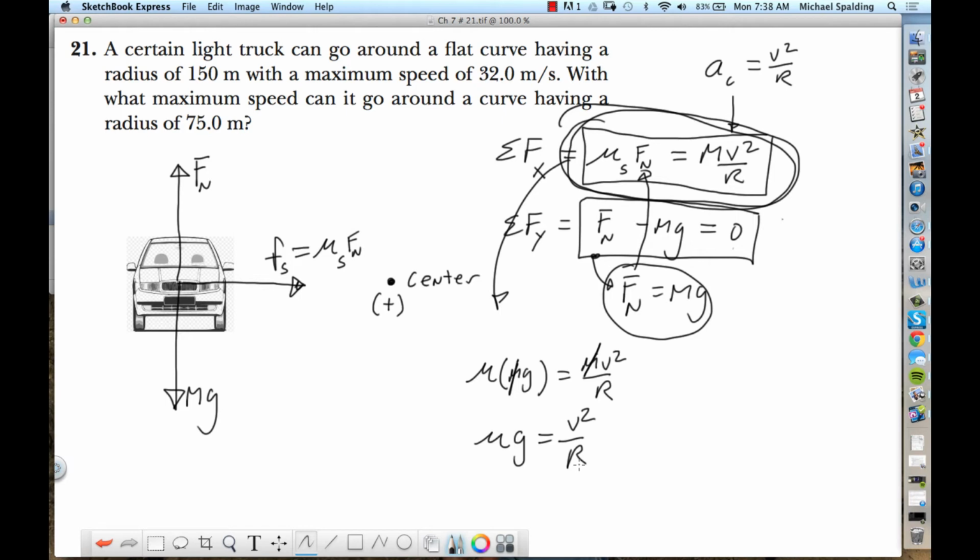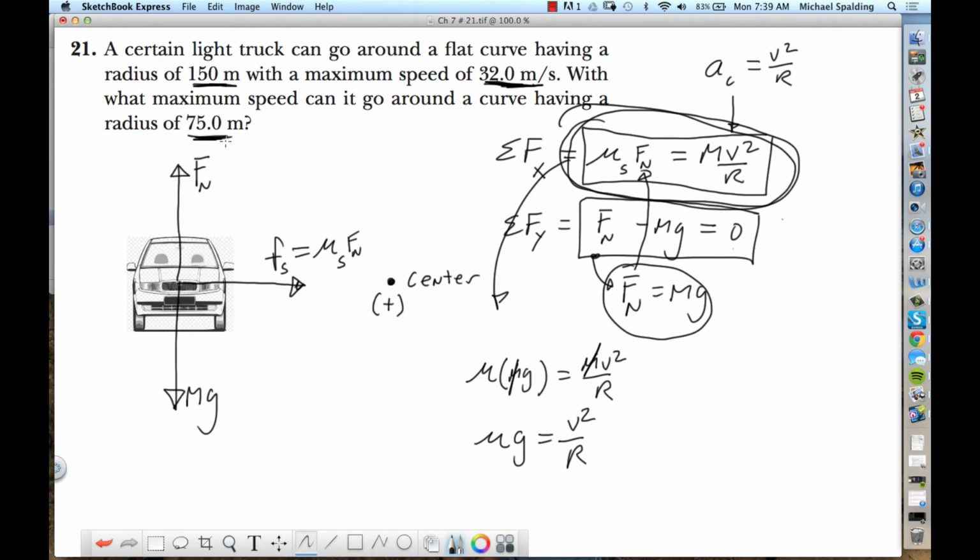The first situation is the truck traveling at 32 meters per second, and the radius of the curve is 150 meters. The second situation, the truck is going around a tighter curve, right? It's not as big of a radius, so it's going to be like a sharper turn. The question is, if the truck can go 32 meters per second when the radius of the curve is 150, how fast can the truck go if the radius of the curve is 75 meters?